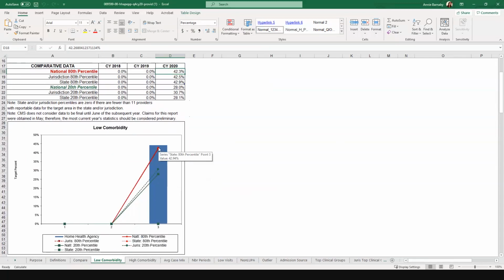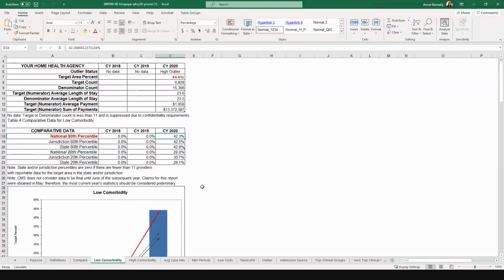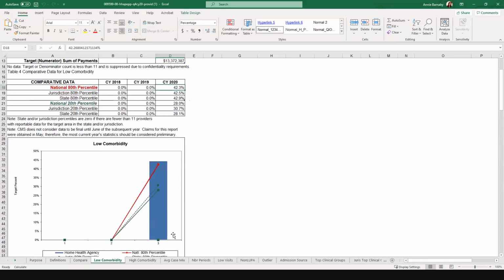And then what do we have? We have our high outlier. So we can see this blue part is the home health agency that we're looking at, this individual sample agency. It's at 44.4%. You can see that it just barely clears this national 80th percentile mark, which was at 42.94, which is basically 42.3%.